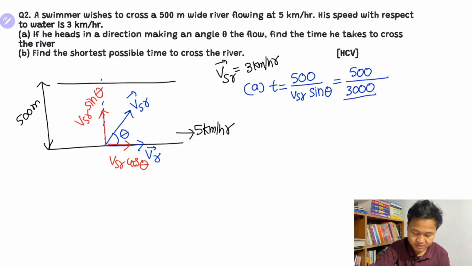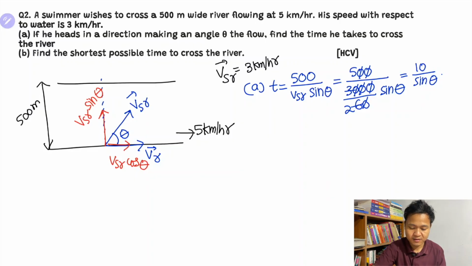Let's find the time in minutes. Here it is per hour, so if you want minutes, you have to divide by 60. So the zeros cancel out, 3 times 2 is 6, 2 goes up. I will have here 10 by sine theta. So let's put the answer like this.